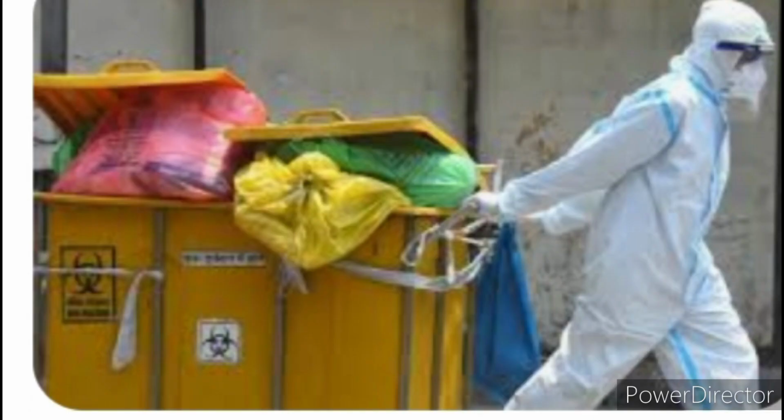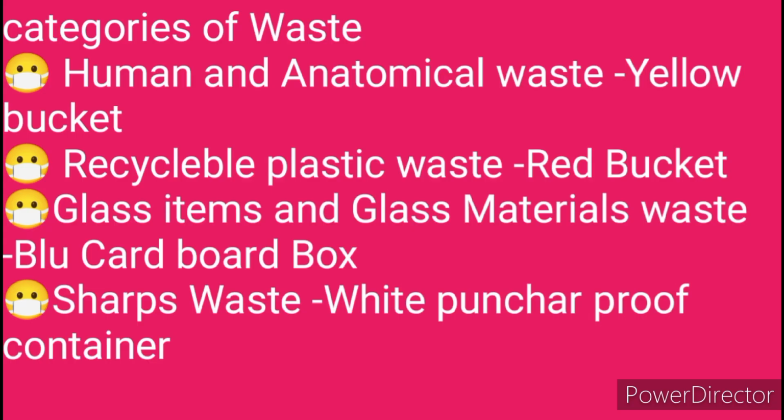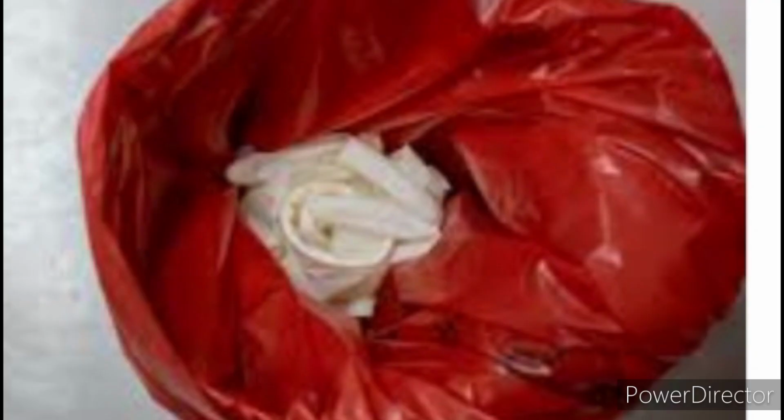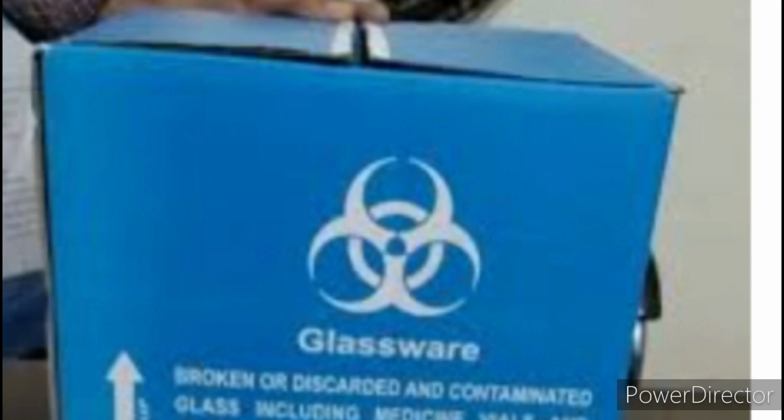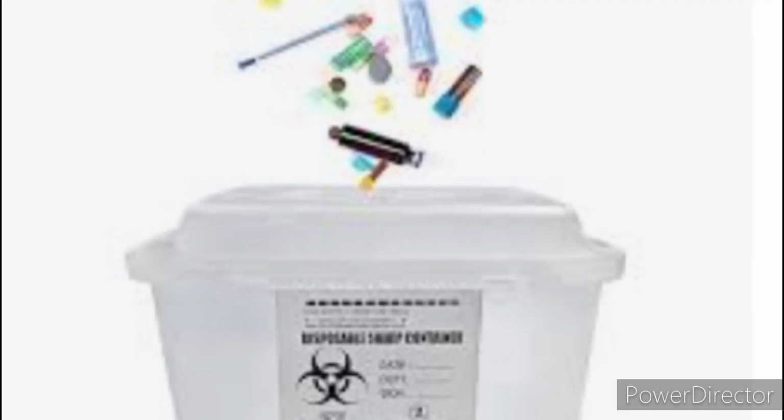Human and anatomical infected waste goes in the yellow bucket. Recyclable plastic waste goes in the red bucket. Glass items and glass materials go in the blue cardboard box. Waste sharps go in the white puncture-proof container.